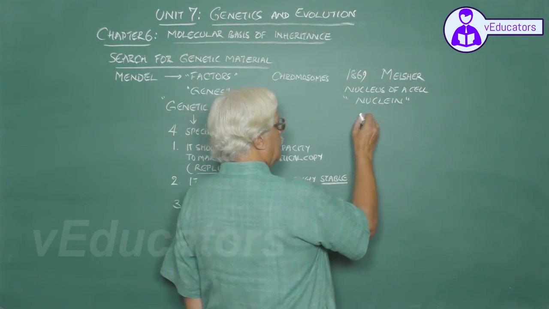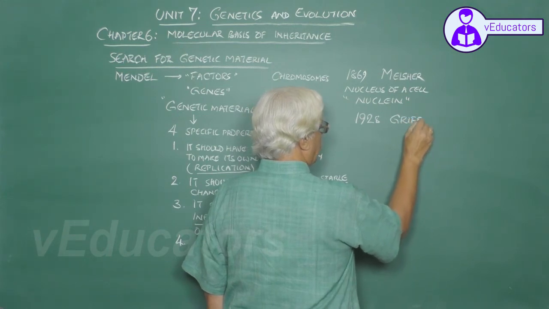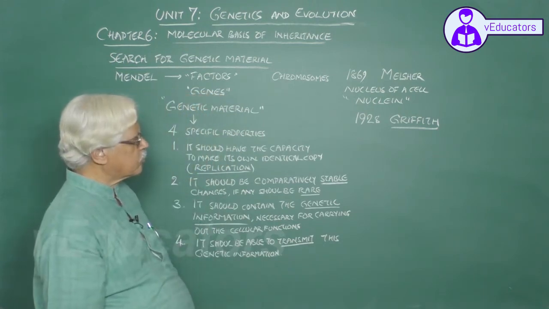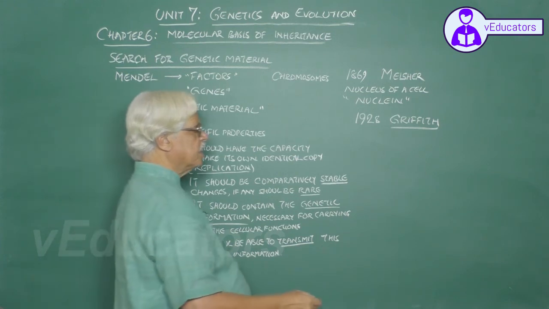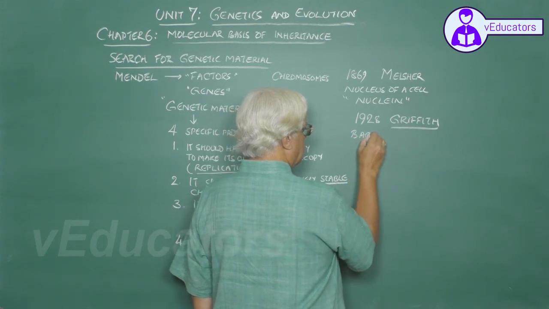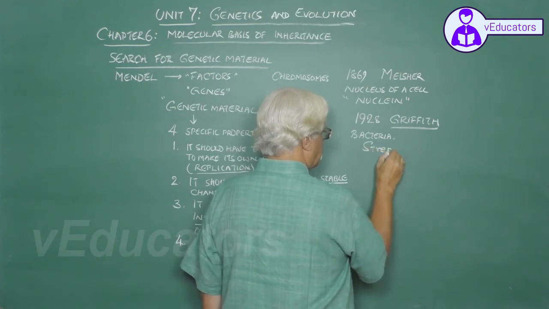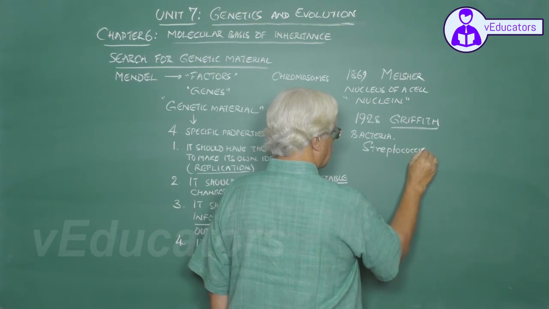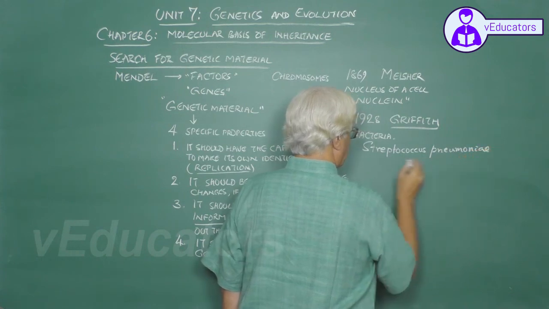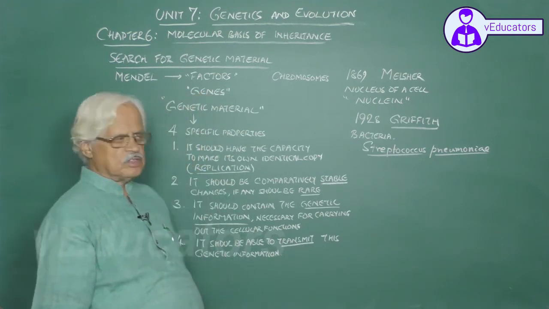Finally, in the year 1928, a biologist by name Griffith conducted an experiment working with bacteria Streptococcus pneumoniae, the bacteria which causes pneumonia.